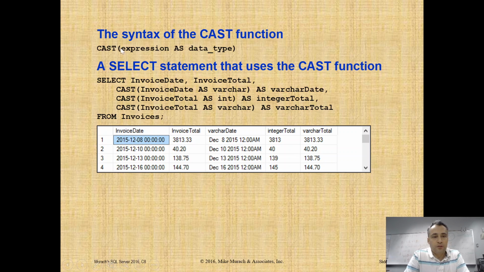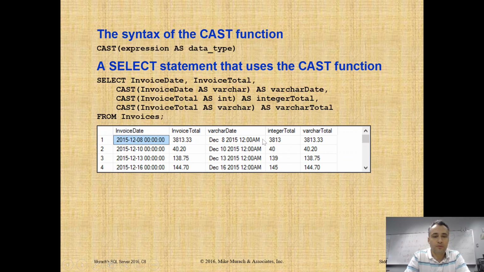So we have a CAST function, which can take an expression, usually a column, and convert it to a certain data type, if that is possible. So we're selecting invoice date, invoice total, then cast invoice date as varchar, cast invoice total as int, and cast it as varchar, and we can compare the results. This is the default conversion from datetime to varchar, and this can be changed, and I will talk about it later.